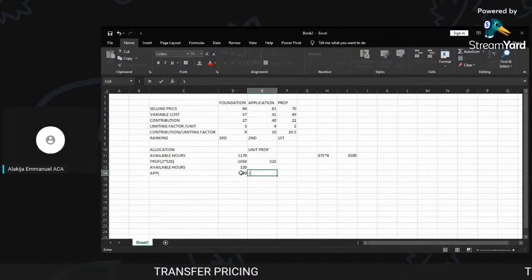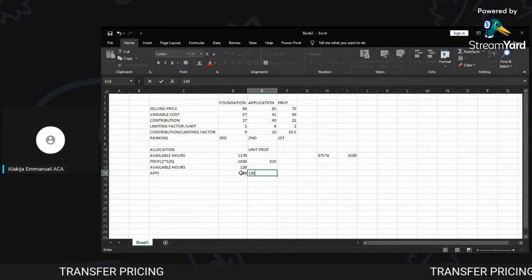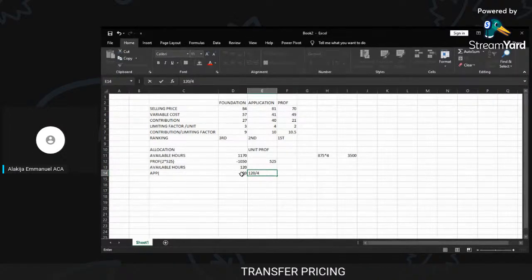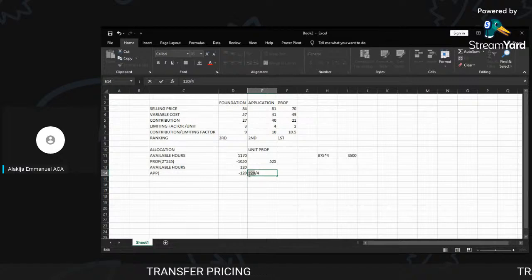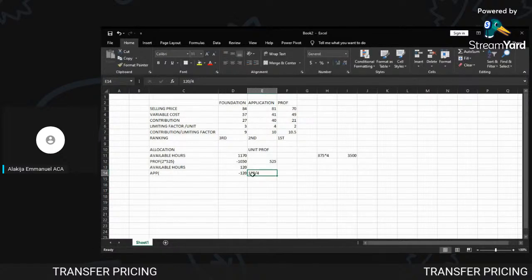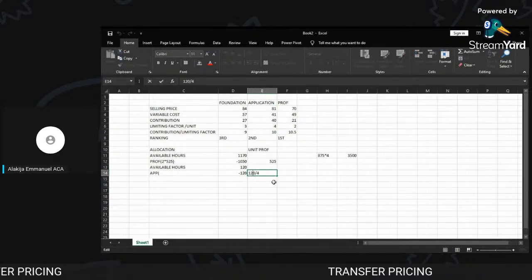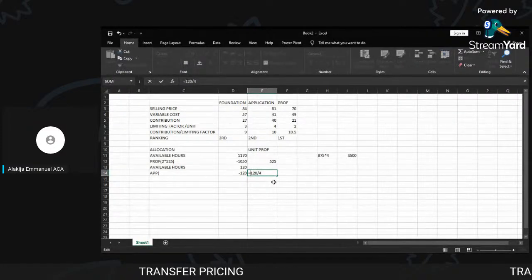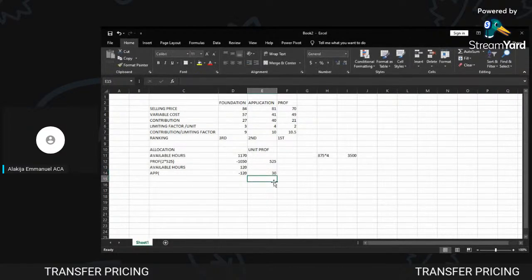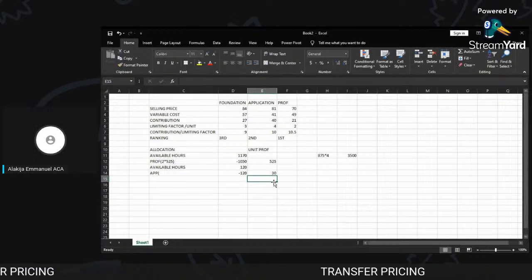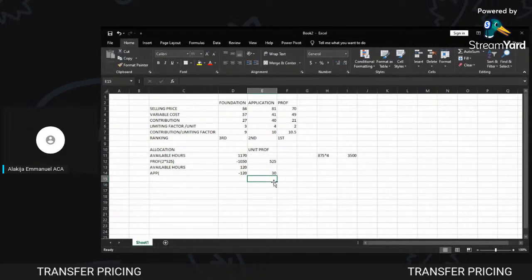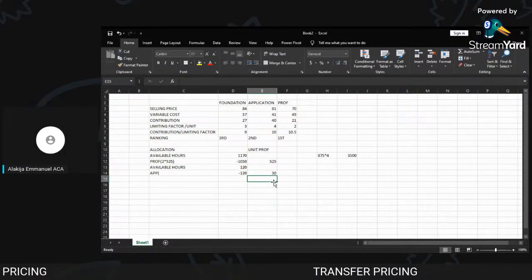If 120 hours is what is left, then we divide it by the number of hours required per unit, and that gives us 30 units produced by application.